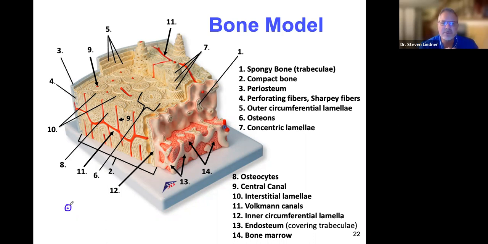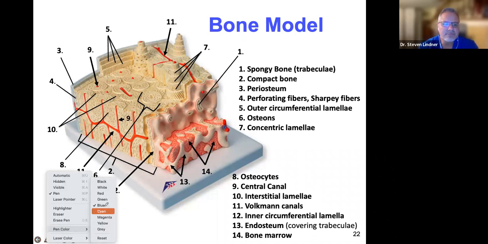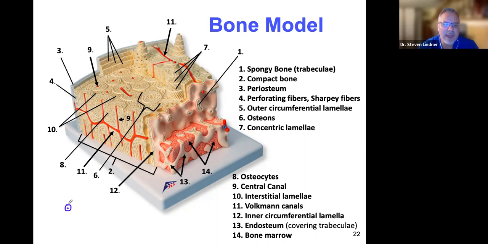It's going to produce calcium salts, and it's going to produce the cement that makes up the bone. So this osteoblast is pushing out and producing matrix or cement, but we all know what happens to cement. Cement is going to harden. And when it hardens, this osteoblast is going to get trapped in a cavity.